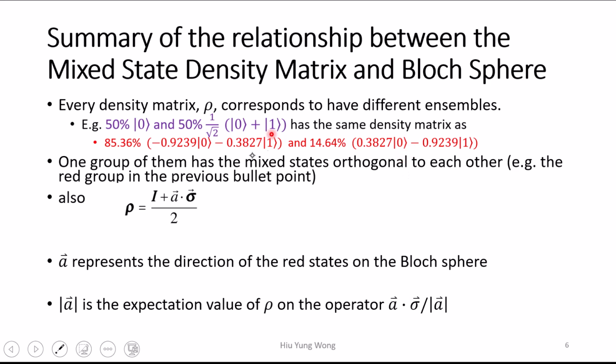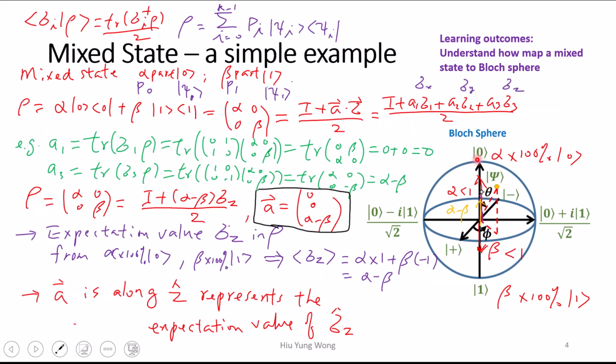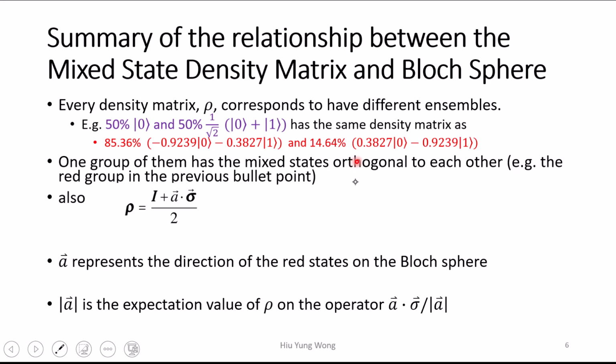Okay, now one of them has the mixed states orthogonal to each other. For example, in this case, these two are orthogonal to each other. It's just like the case of 0 and 1 orthogonal to each other. Okay? So if that is the case, and I call this the red state, then A in this one represents the direction of this state on the Bloch sphere.